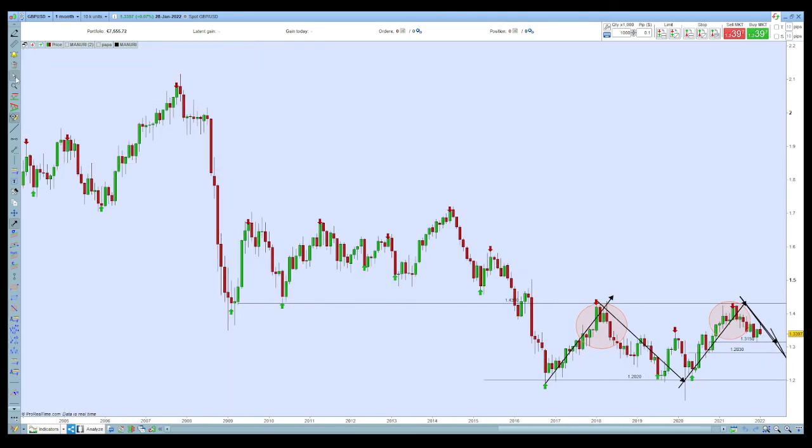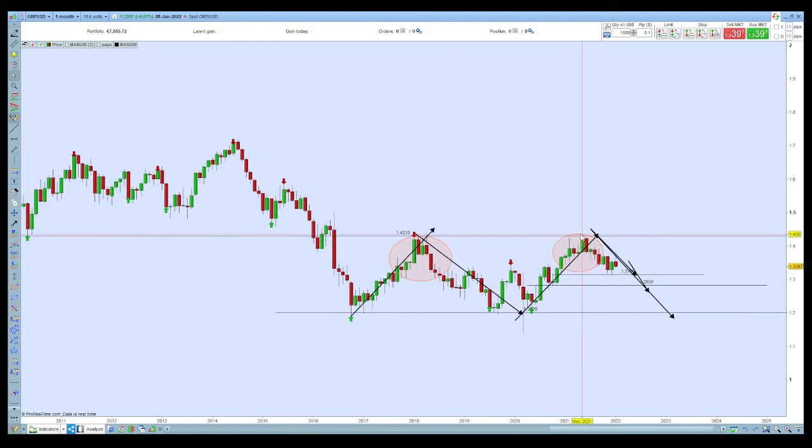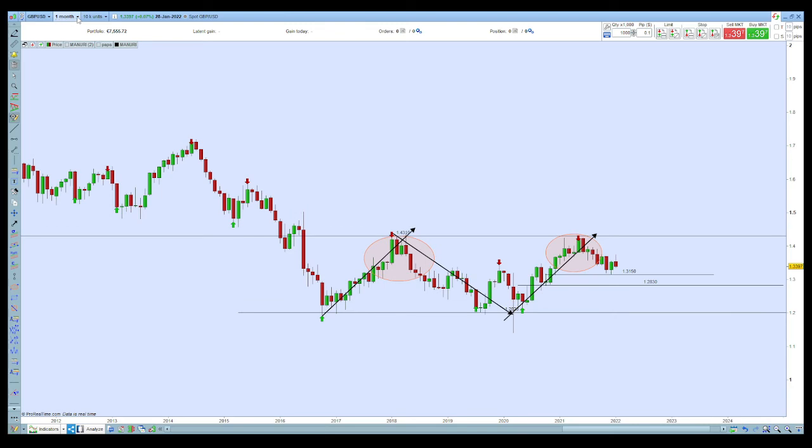Okay, monthly chart with my algorithm signal trigger here. We are looking on the sell. Let me clear this out also. Okay, let's have a look on the weekly.